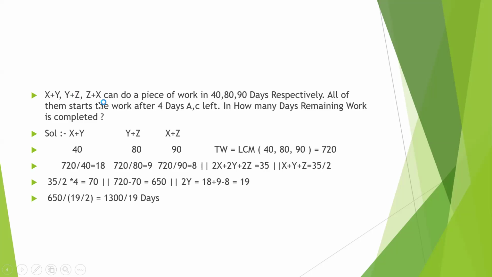here x plus y, y plus z, and z plus x can do a piece of work in 40, 80, 90 days. Here the combination of two persons' work is given, and all of them start the work. After 4 days, here is a typing error.